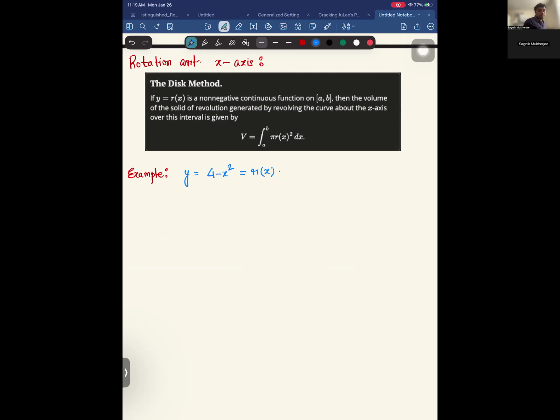Find the volume of the object obtained by rotation around the x-axis.